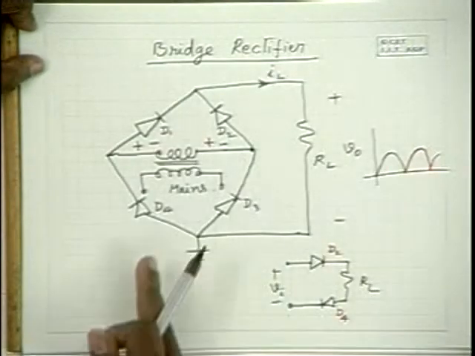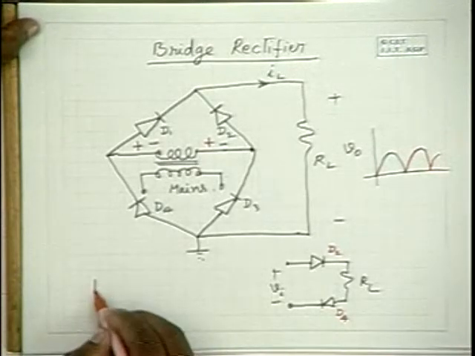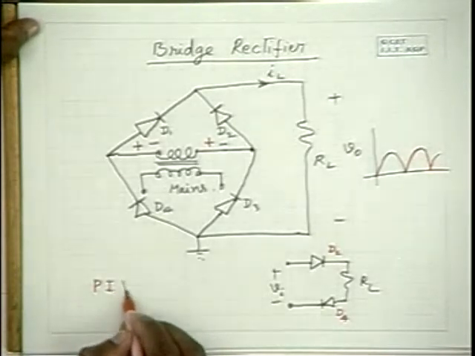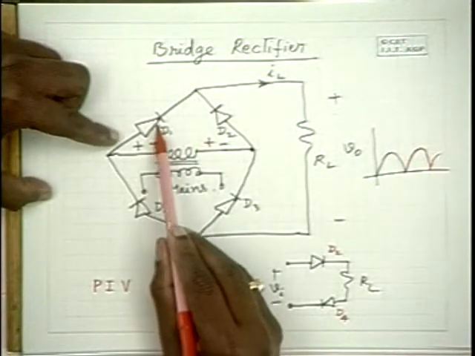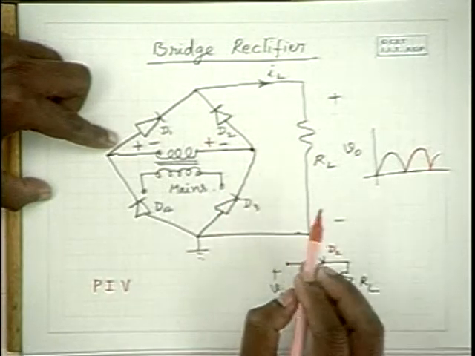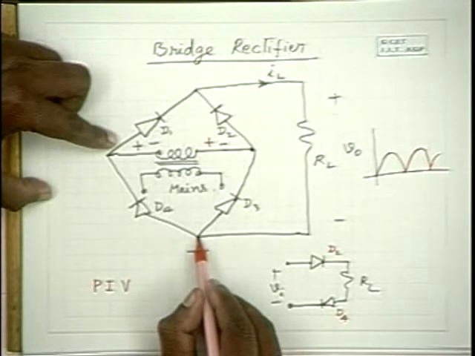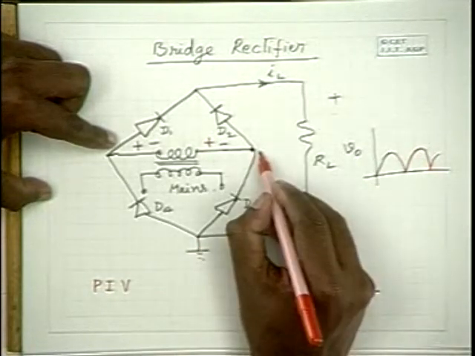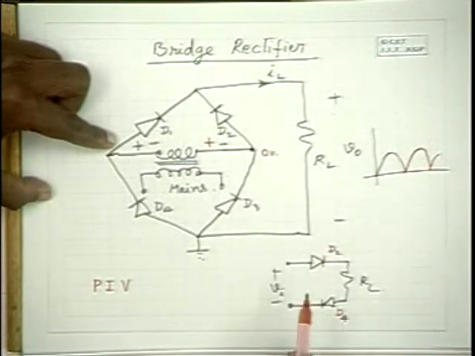Now let us see what is happening in this circuit. What is the peak inverse voltage in this particular circuit? During the positive half cycle, as we have seen, D1 and D3 are forward biased, and if this point is a ground point, with ideal diodes this is also almost at ground potential, right?